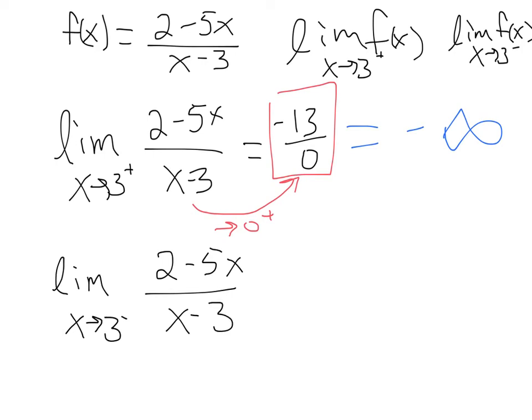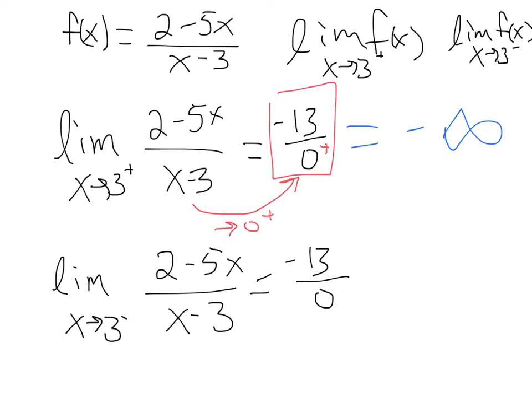And we see that we're going to have a -13 once again up top and a 0 in the bottom. But what type of 0 is this? Up top we had a positive 0, or a 0 approaching 0 from the positive end. And I know your brain might be shaking right now thinking positive 0, what is that? Well, it's something really close to 0 but on the positive end of 0.